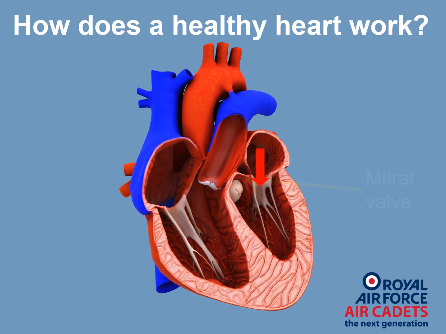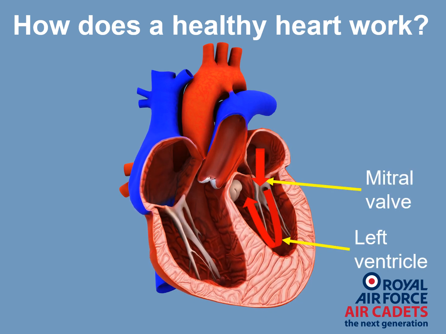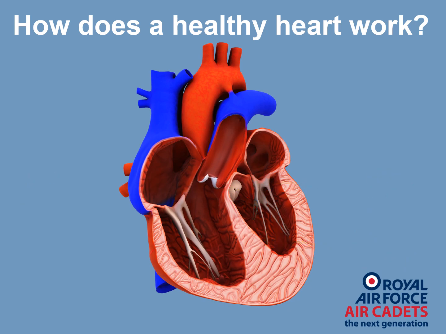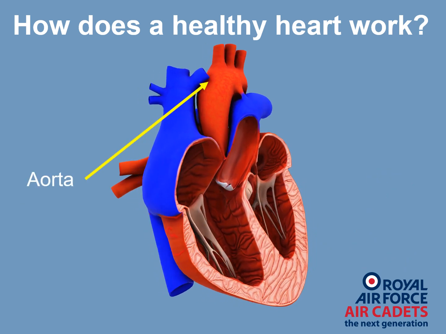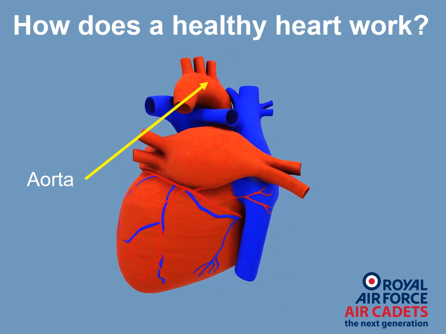The blood passes through the mitral valve into the left ventricle, which pumps the blood back out of the heart through the aortic valve into the aorta. The aorta is the main artery which takes the oxygenated blood to the rest of the body.